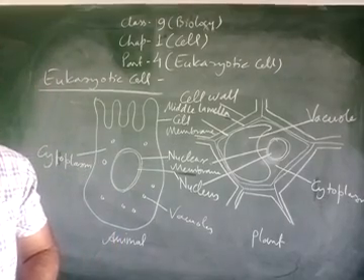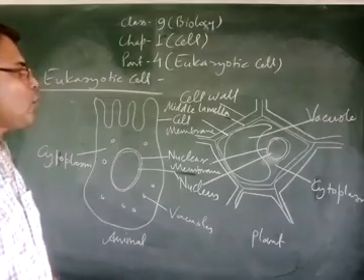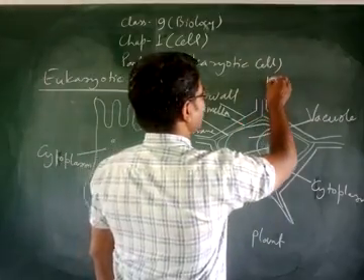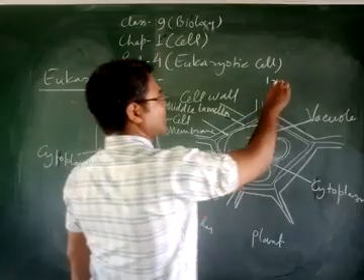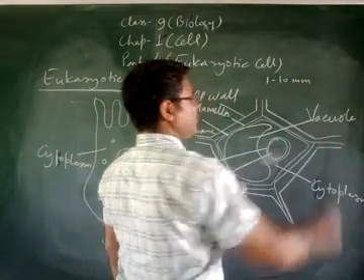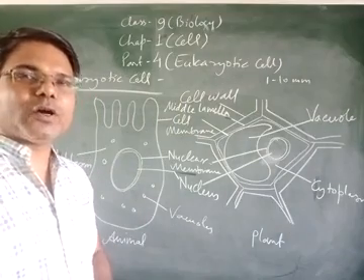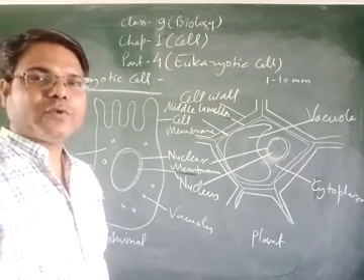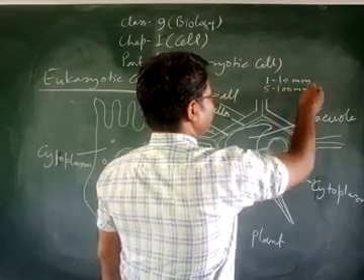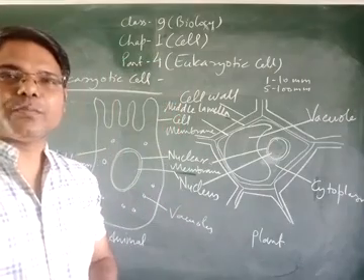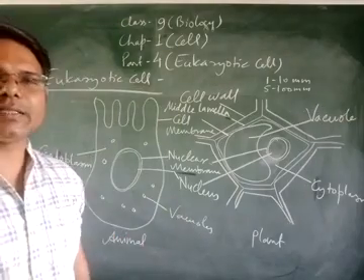The range of size of prokaryotes is 1 to 10 mm, millimeter, जिसको आप कह सकते हैं mm. It is the size of prokaryotes, while the size of eukaryotes is 5 to 100 mm. So you can see that the prokaryotic cell is much smaller compared to the eukaryotic cell in terms of size.